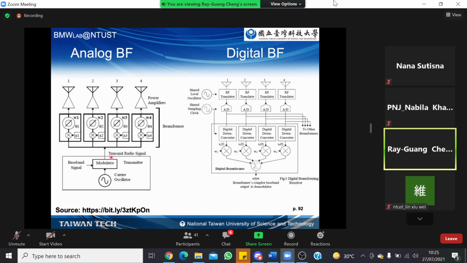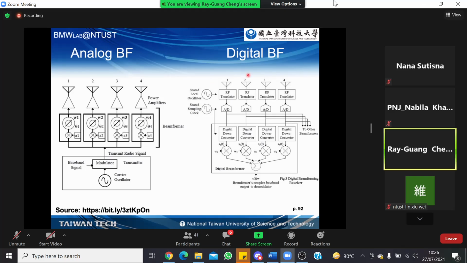So actually here they will have D to A. Analog beamforming applies the weighting after the D to A. Digital beamforming adjusts the weight before D to A. Here actually is D to A, not A to D. We consider this figure is for the digital part, for the transmitter. All the details you can refer to this page. They show the details about analog beamforming and digital beamforming.